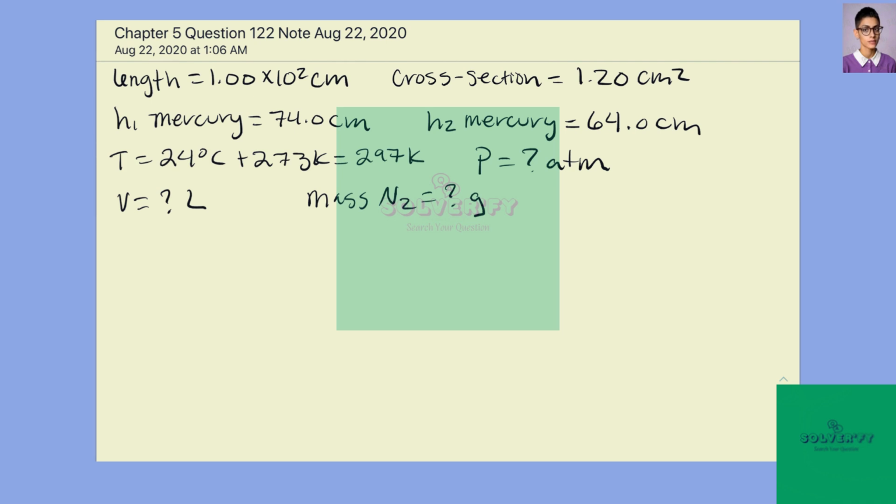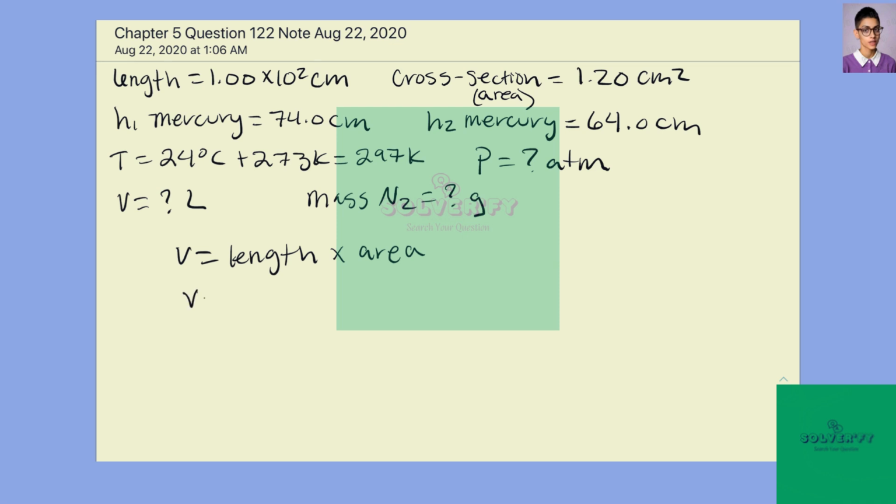So first, let's find the volume of our tube. So our volume is going to be equal to our length times our area. And we're going to treat our cross-section as our area.